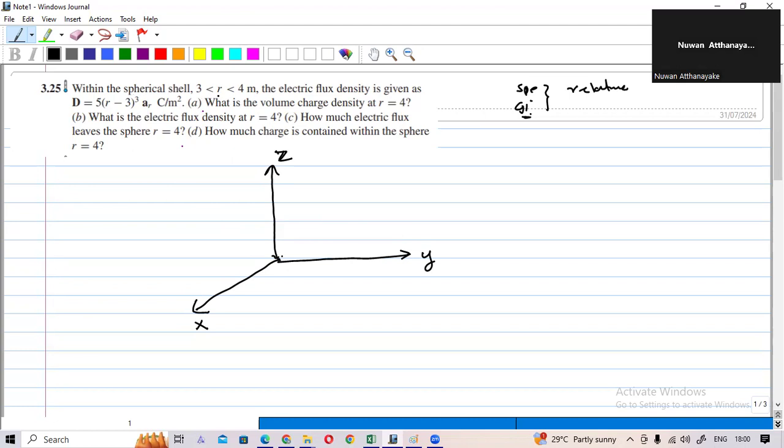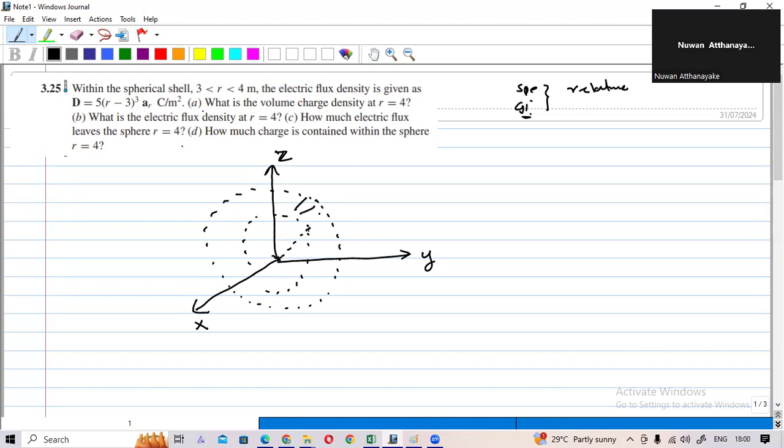Okay, so you can see that within the spherical shell, the R is between 3 and 4. Okay, so here one R is 3, another R is 4.